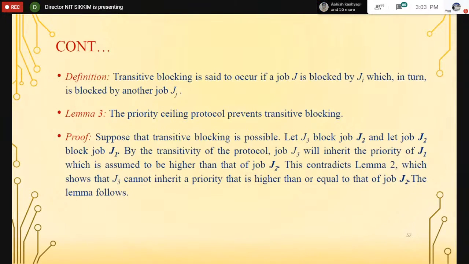Because simulation is always subjective. You might have generated some test cases which may not be applicable in certain conditions. But here this proof is free from all kinds of assumptions and conditions. We have not made any assumption, right? So again, important one.